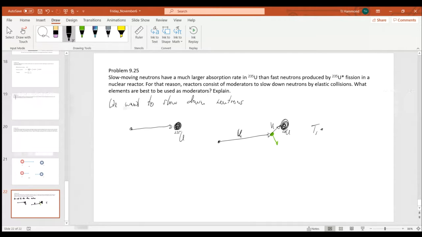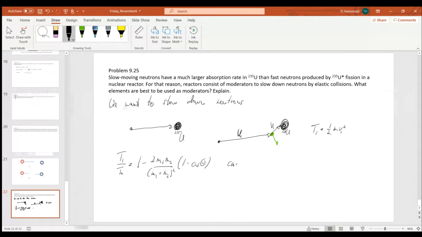So T1 is 1/2 m v1 squared. So that's going to be the resulting speed after this interaction. So what we can look at then is T1 over T0. This is 1 minus 2 m1 m2 over (m1 plus m2) squared, times (1 minus cosine theta).